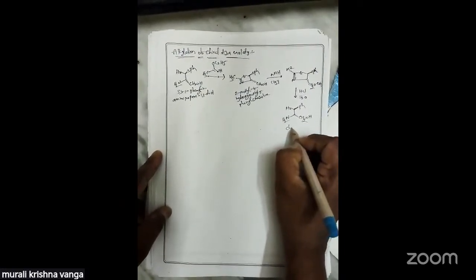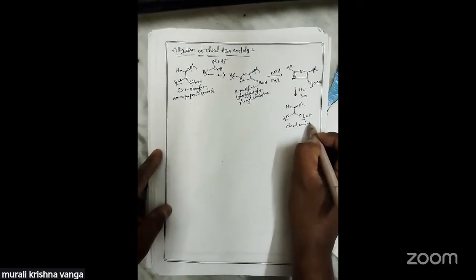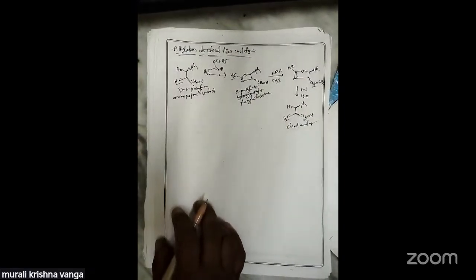So the chiral auxiliary. So alpha alkylation of 2-phenylpropanoic acid.